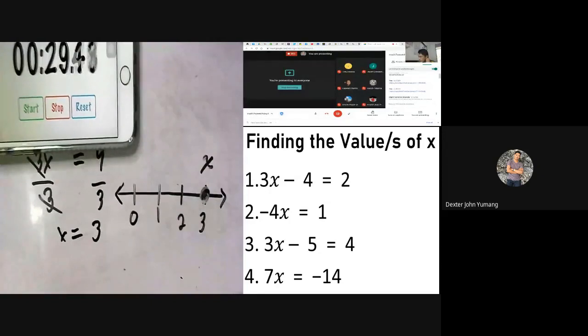That is 2. Is it 2 or negative 2? Take note, is it 2 or negative 2? You have to make sure of the sign, you might make a mistake. For number 4, when the signs are different, the answer is negative. When they are the same, positive.